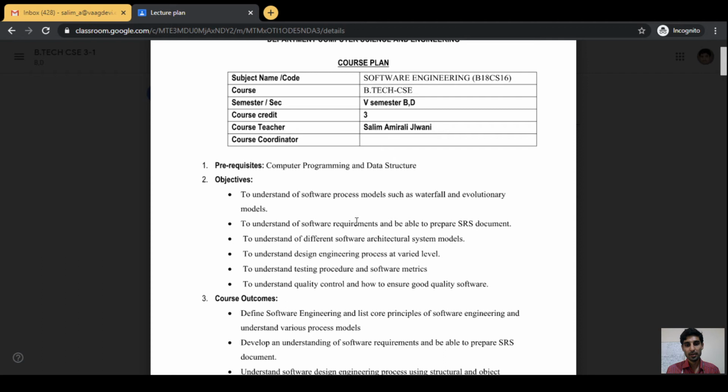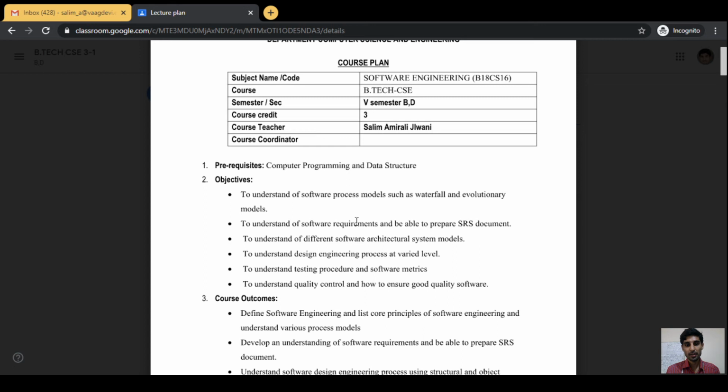At the end of the course, the students will develop an understanding of what good quality software means and how we can ensure a good quality software process. These are the course outcomes which I have just narrated.